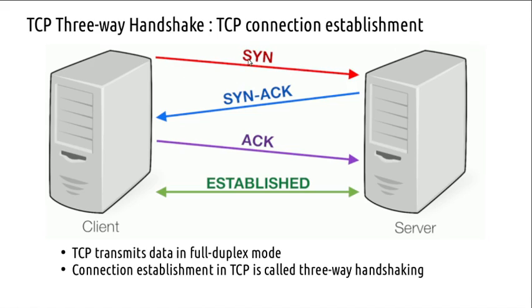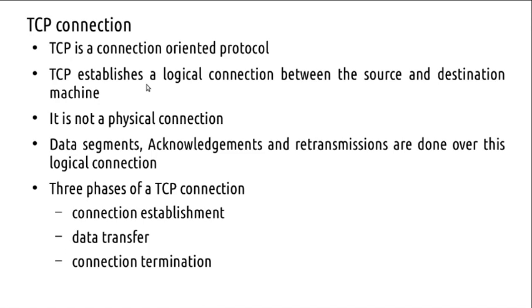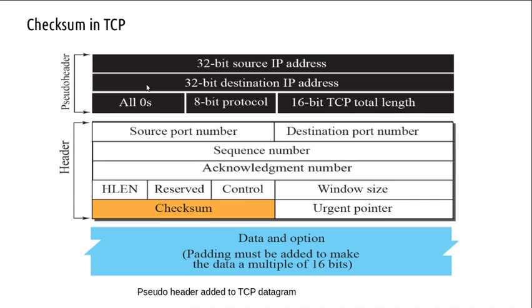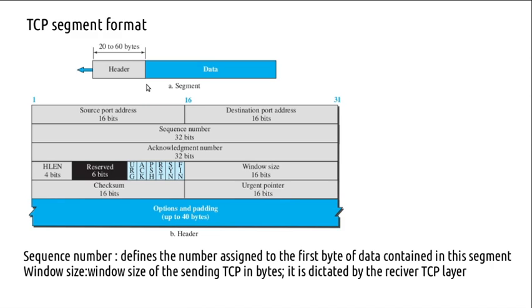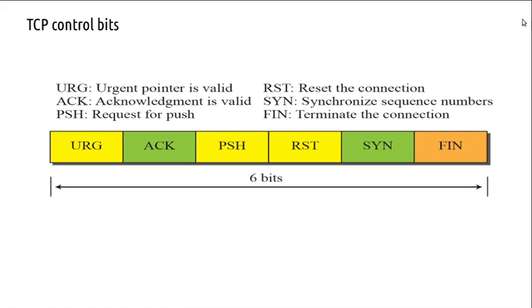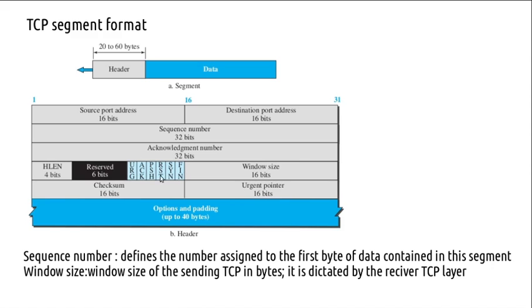Three-way handshake in the sense, initially a synchronization is sent. We saw the TCP segments where we have these bits, the synchronization bits. So the synchronization flag will be set, among the control bits in the segment. This bit will be set, and a particular segment will be sent by the client to the server, and this has to be acknowledged, so it has a sequence number.